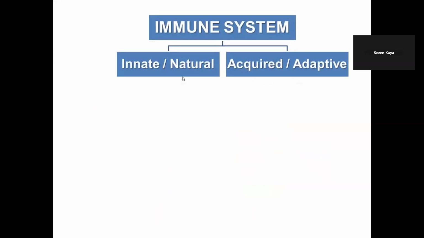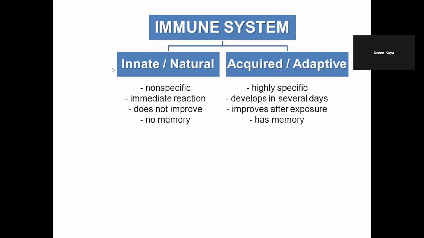If we are talking about the classification of the immune system, we should say that we have the innate, or natural, immune system and the acquired, or adaptive. What does it mean? I will explain now. The innate or natural immune system is non-specific, cannot be improved, has no memory, and produces an immediate reaction.